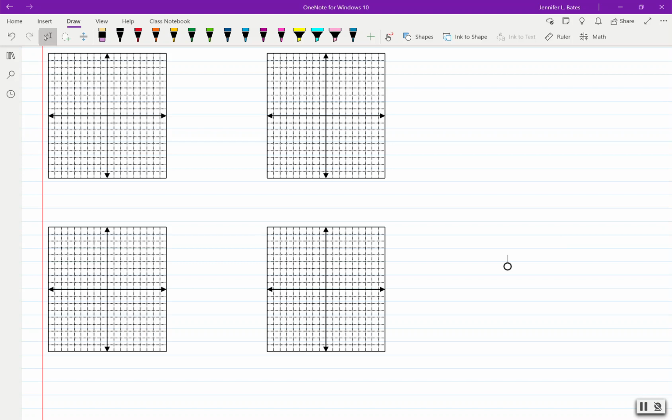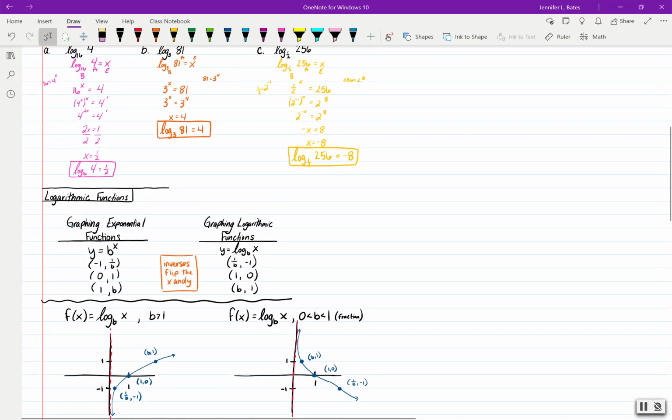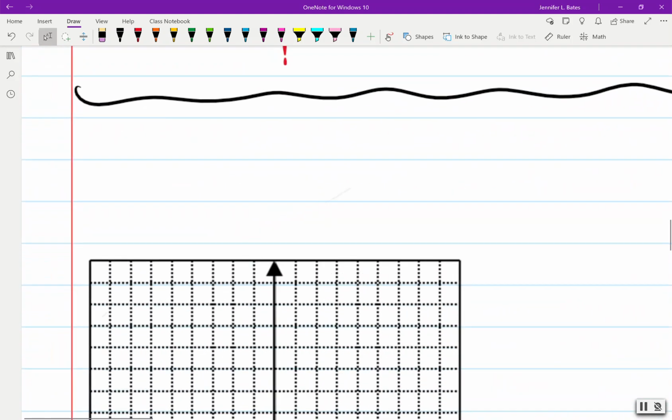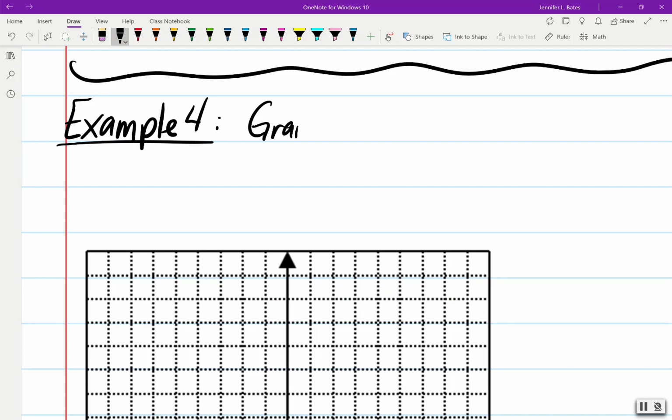Okay, so we'll call this example, what are we on? Example 4. Example 4 says to graph and then state the domain and the range.